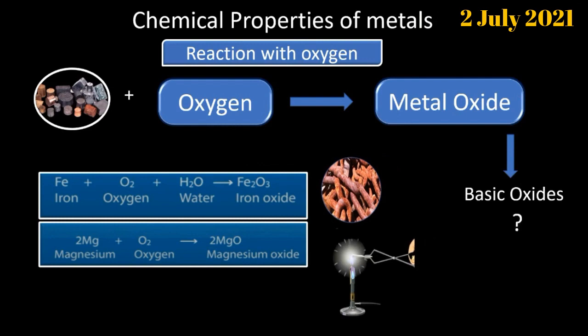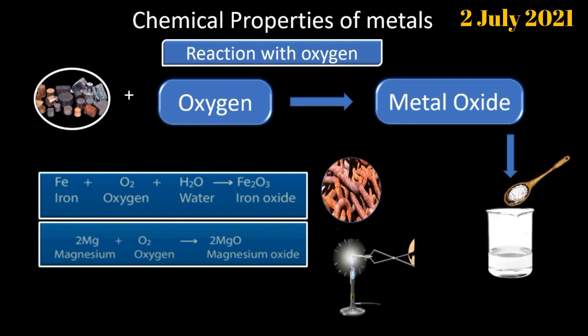When you take the powder of these metal oxides which are formed after combining with oxygen, or you scratch the rust off the iron, put it in water, stir it properly, and then take a drop of it and put it on red litmus paper, you will find the red litmus paper turns blue.